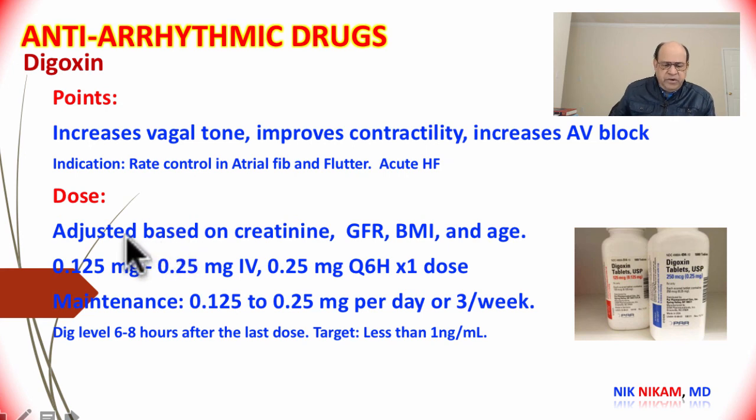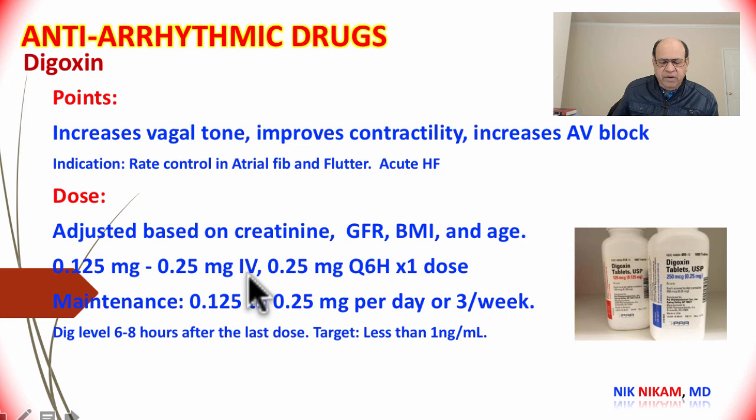The digoxin dose has to be adjusted based on the serum creatinine, GFR, body mass index, and age. If we are using digoxin in an ICU setup for control of ventricular response in a patient with atrial fibrillation, they can be just given 0.25 milligrams digoxin IV and washed.